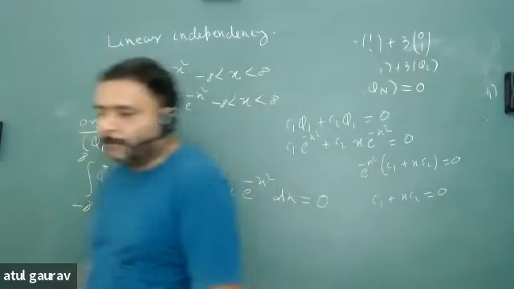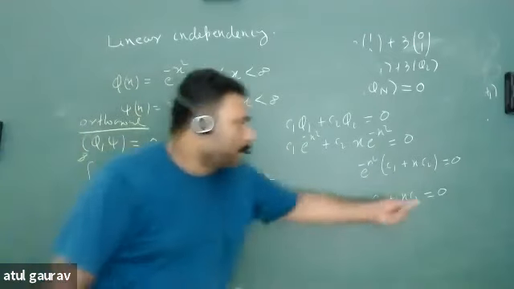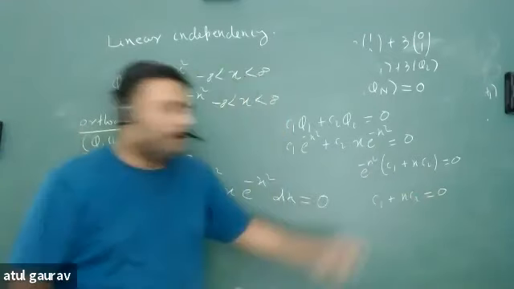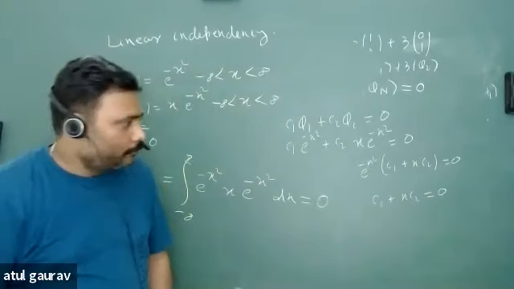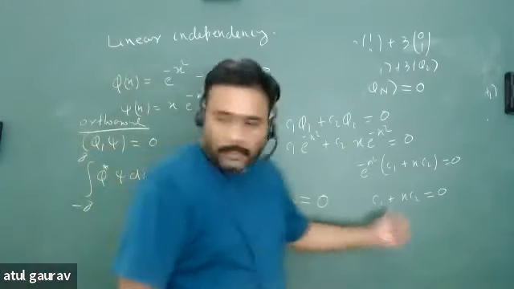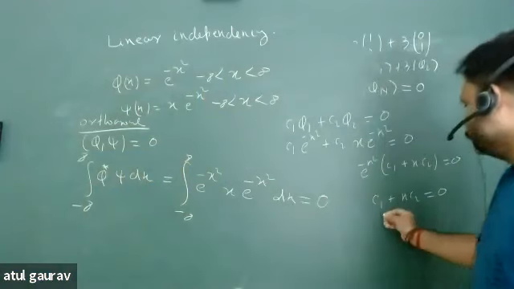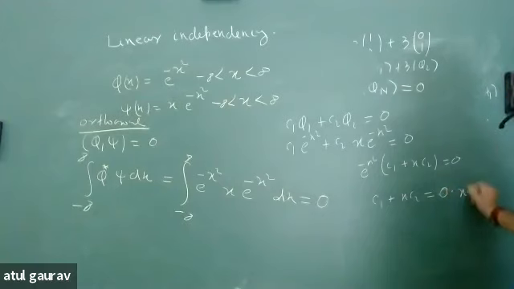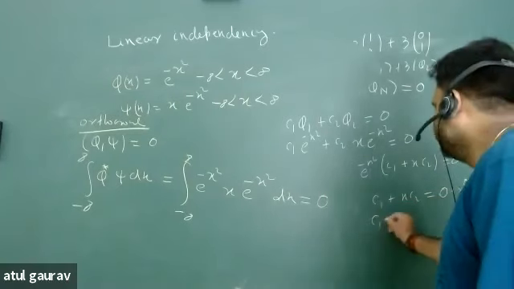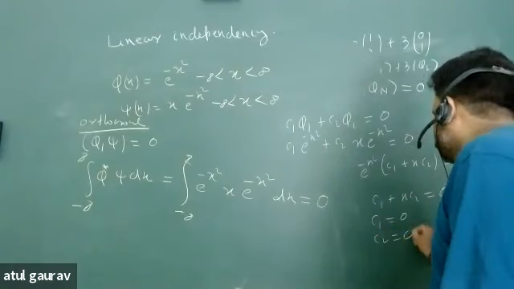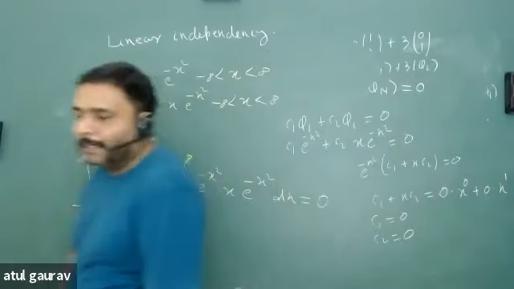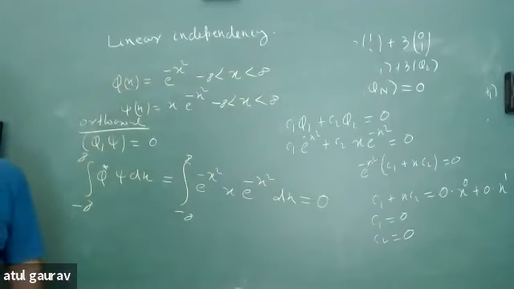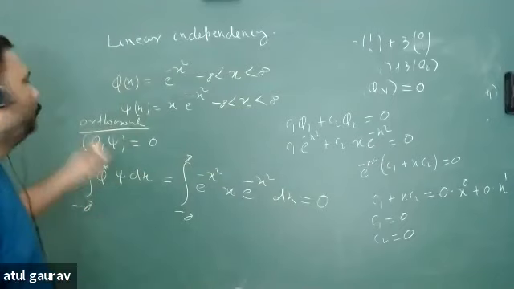What is the value of C1 and C2? If this is something like a polynomial and the right side is 0, what are the values of C1 and C2? They are 100% 0, isn't it? Because you equate the coefficients: 0 into x to the power 0 plus 0 into x to the power 1, and then equate the coefficients on both sides. You will get C1 equal to 0 and C2 equal to 0. So obviously they are linearly independent also, and they have to be linearly independent because they are orthogonal.